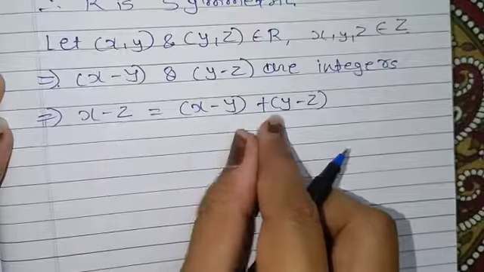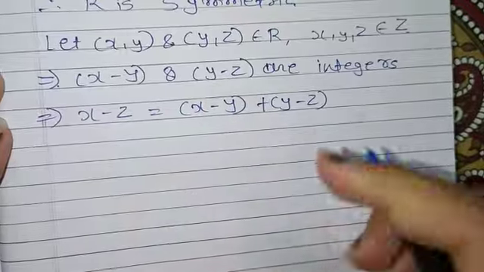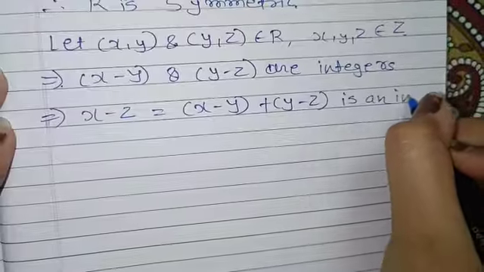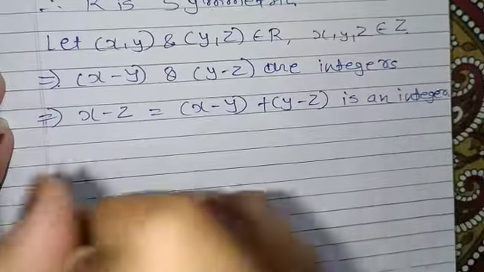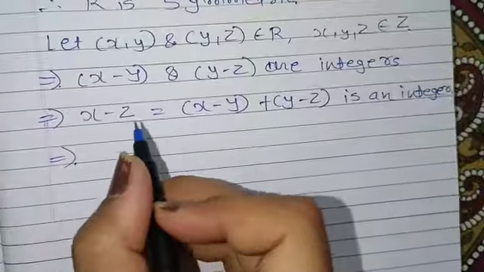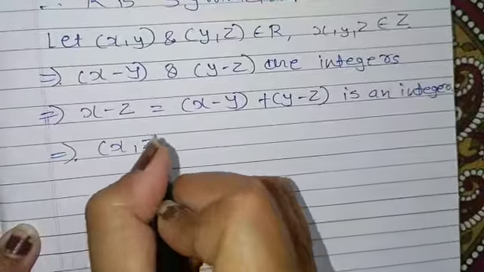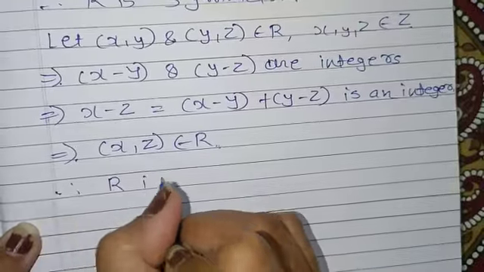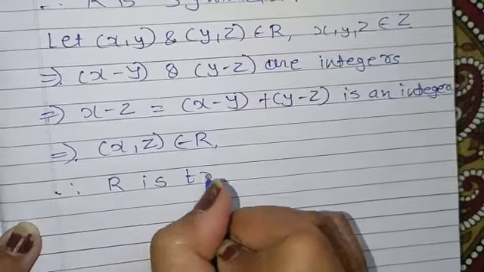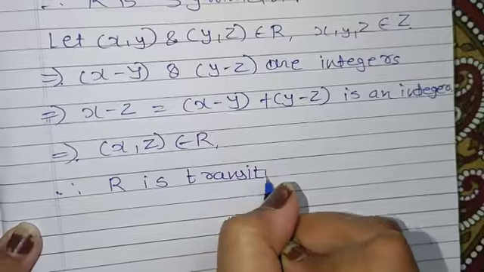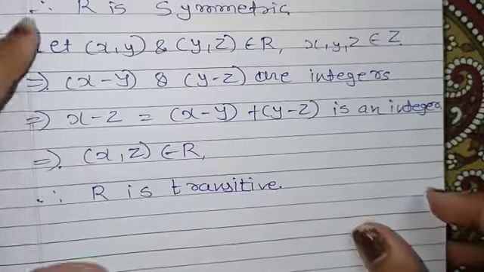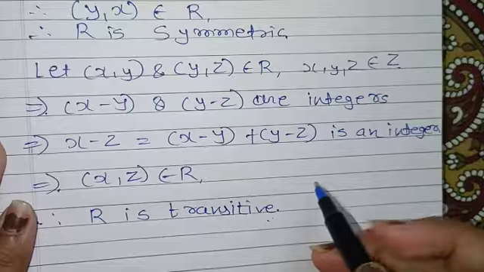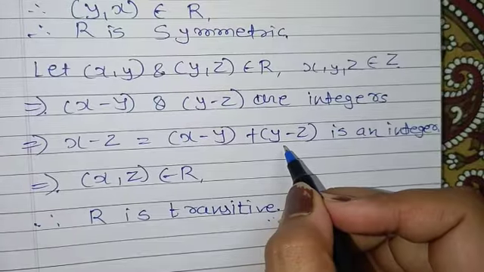You can add them, and it will again give us an integer. It directly shows that (x, z) belongs to R. Therefore, R is transitive. In this question, all the properties are satisfied: R is symmetric, reflexive and transitive. That's why this relation is called an equivalence relation.